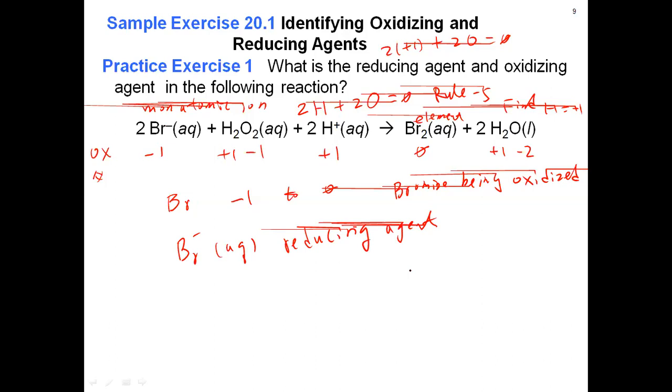Then we see what happened to H. Nothing happened. The H before the reaction is +1, and after it is +1. What happened to oxygen? It goes from -1 to -2, so the oxidation number for oxygen decreases. Therefore oxygen is being reduced.